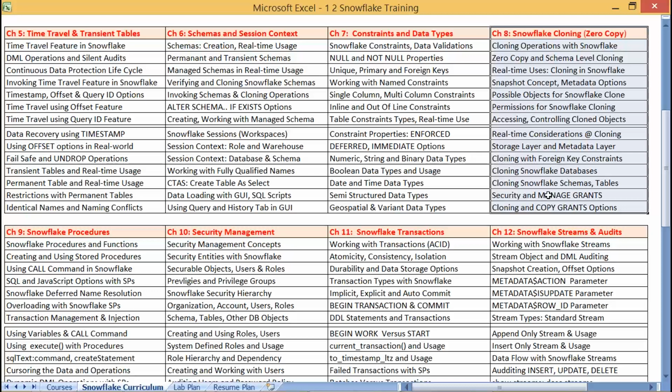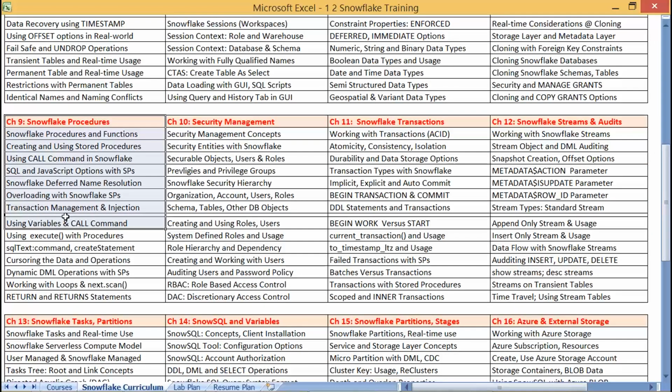We'll understand various security activities, and procedures, which interchangeably in Snowflake we also call functions.